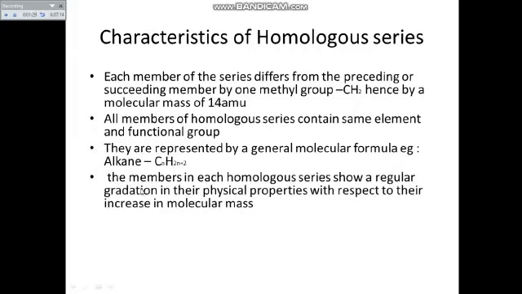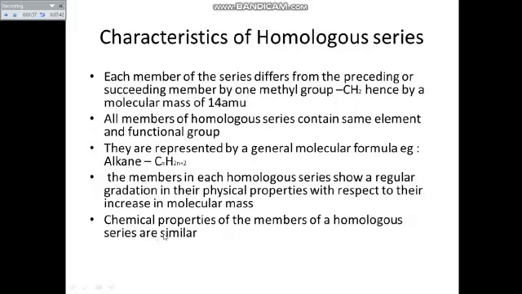And the next, the members in each homologous series show a regular gradation in their physical properties with respect to the increase in molecular mass. The difference between successive members is CH2, that is 14 AMU, so the physical properties will gradually change with the increase in molecular mass.